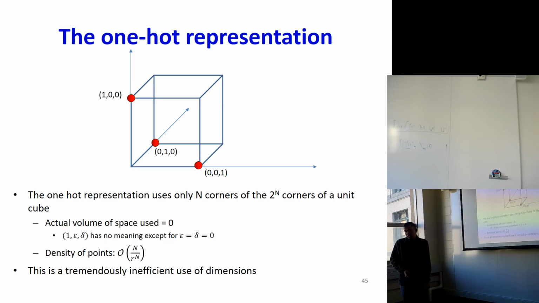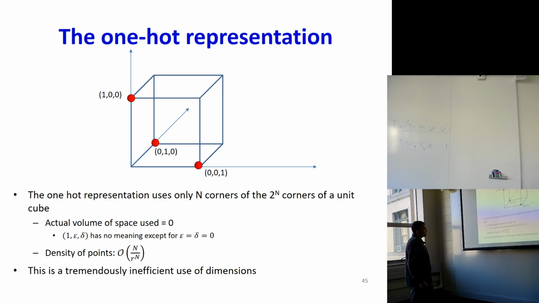So this is a tremendously inefficient use of dimensions, number one. And secondly, you're forcing yourself into working in high dimensional spaces where most of the space, in fact the entire space, is empty. You're never really going to be visiting any of it.